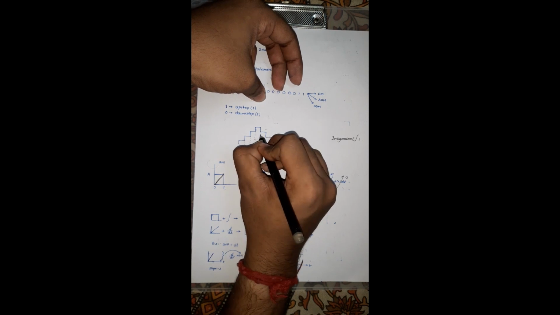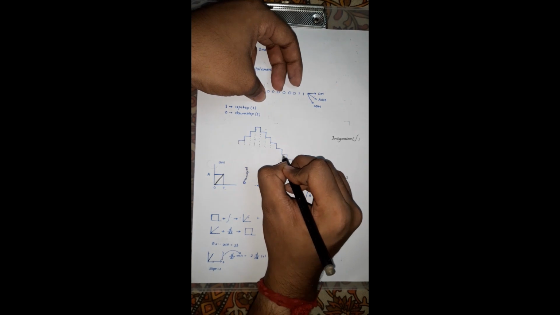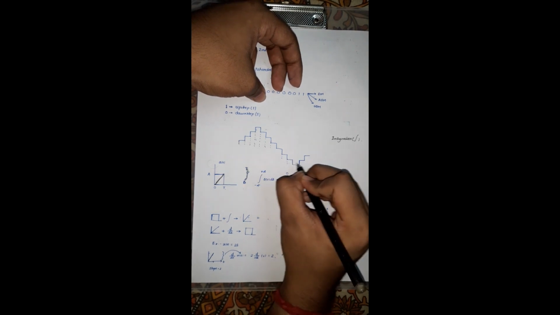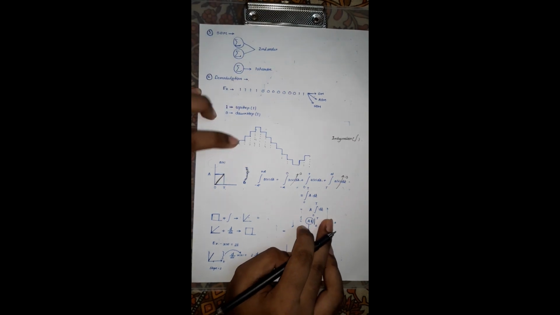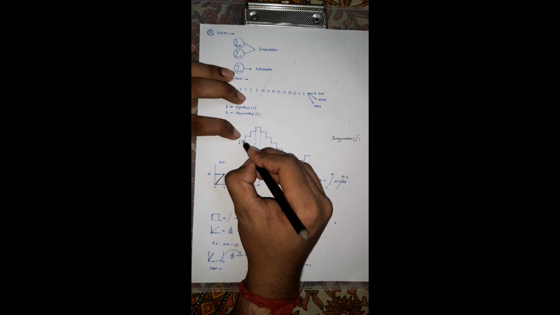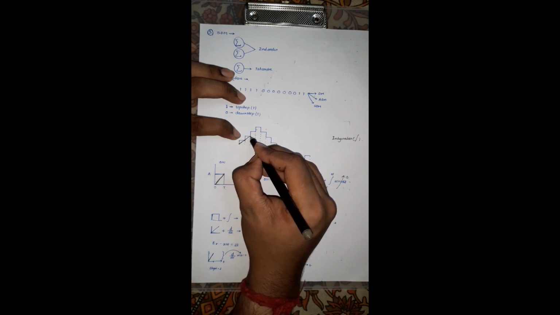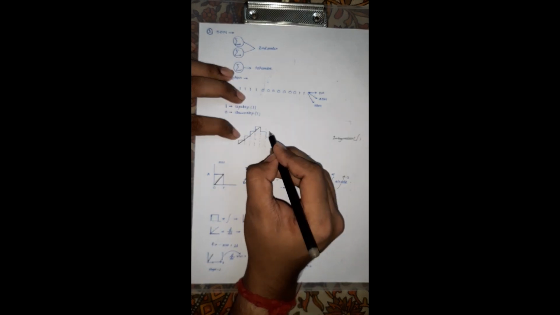The signal consists of a number of steps, so for each and every step, it will perform the integration. For this step, it will integrate like this. For this step, like this. For this step, like this.